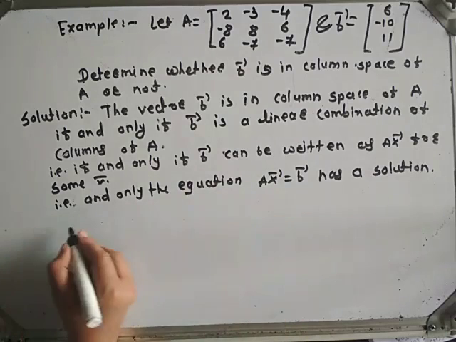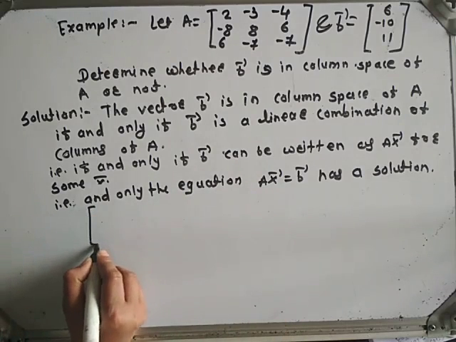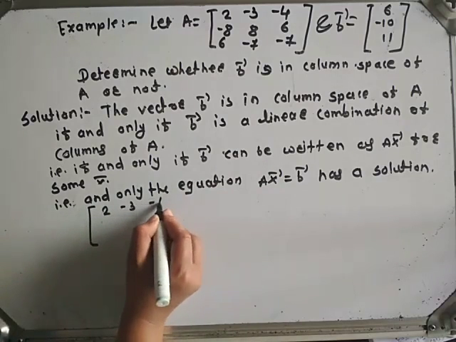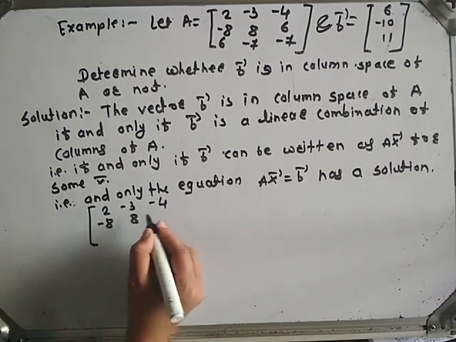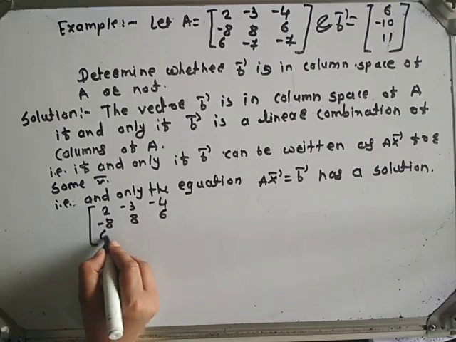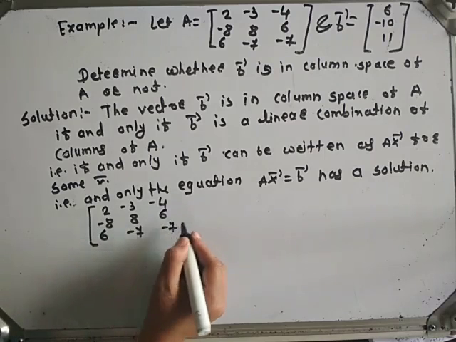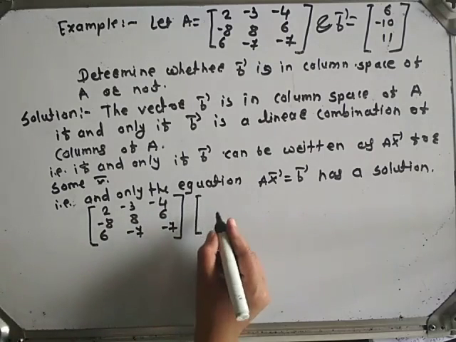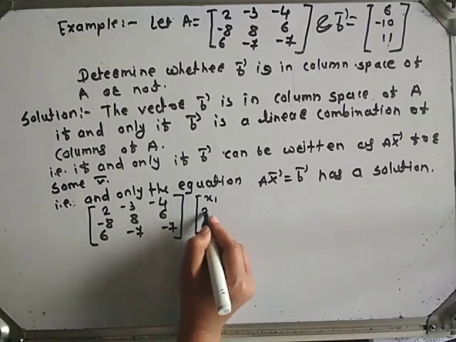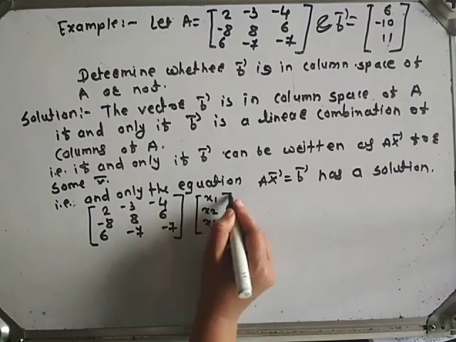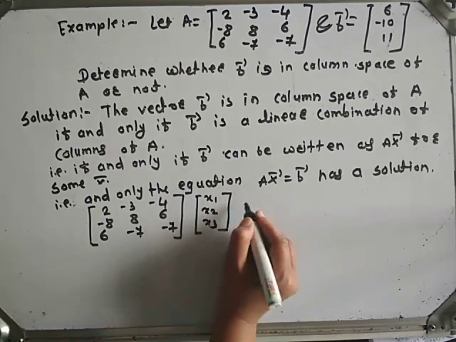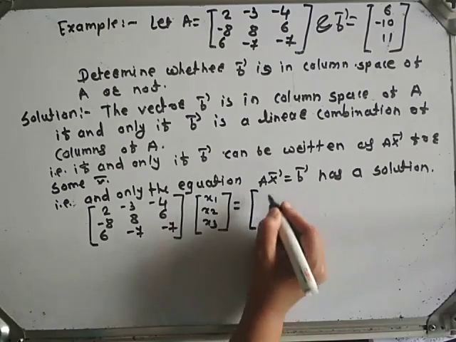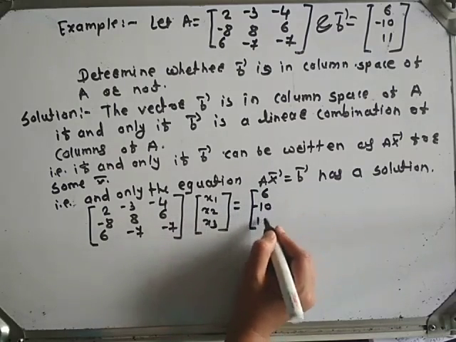Okay. What is A? A is the matrix 2 minus 3 minus 4, minus 8 8 6, 6 minus 7 minus 7, into x1 x2 x3, which is equal to b. b is 6 minus 10 11.